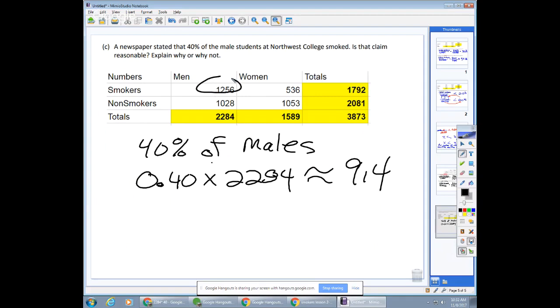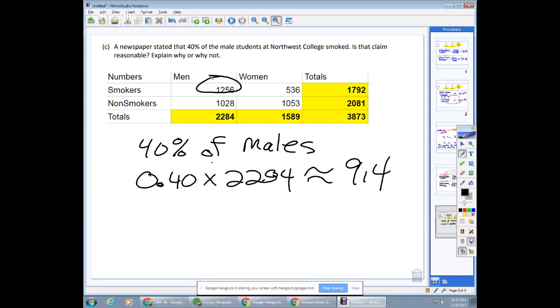Is that close to the actual number of male smokers here? Well, it's not that far off, but it's not that close either. We're off by what? More than 300? 300 out of 1,200 is like a quarter. They're like 25% off. Okay, that's a pretty big margin of error.